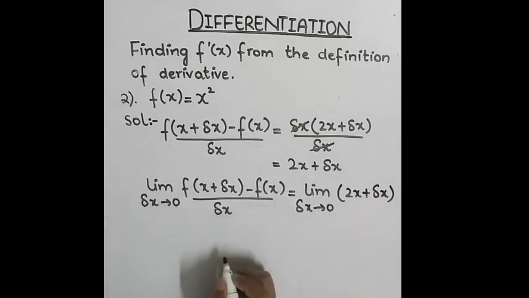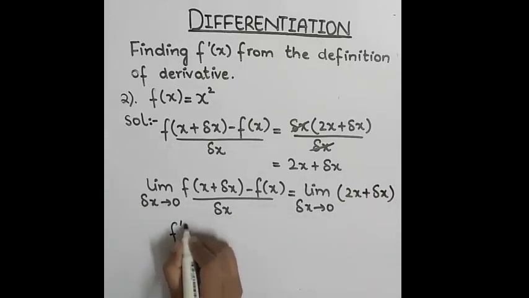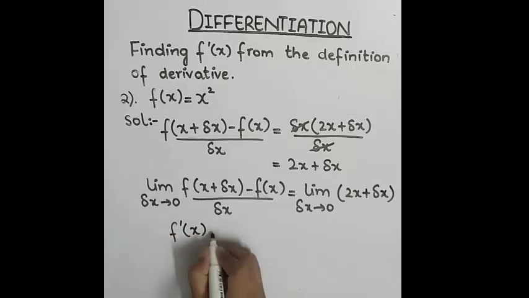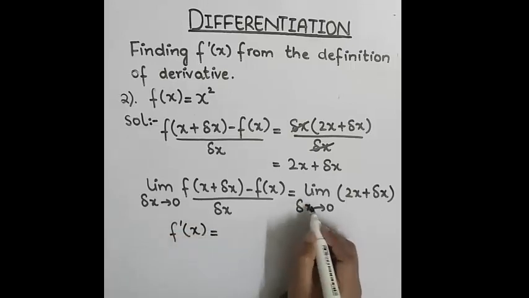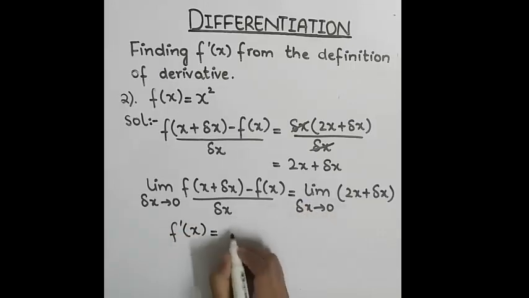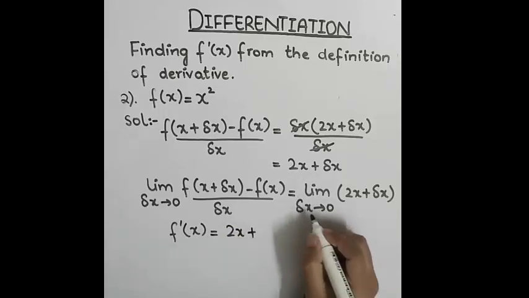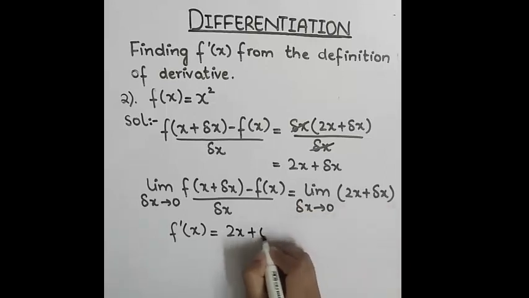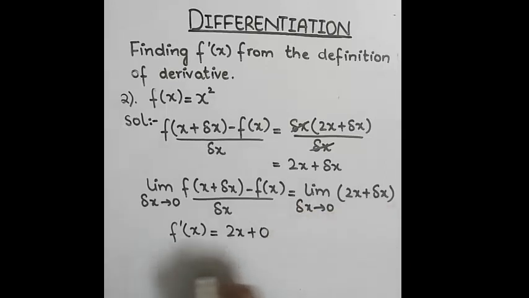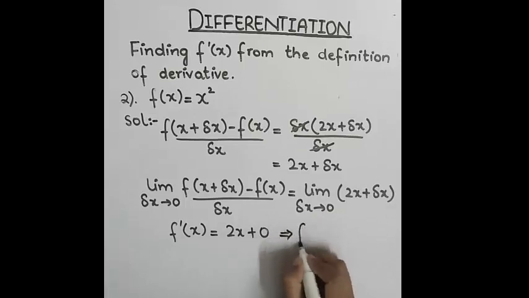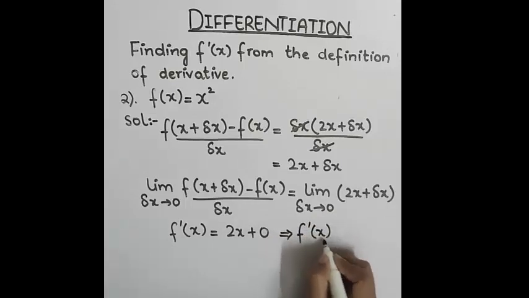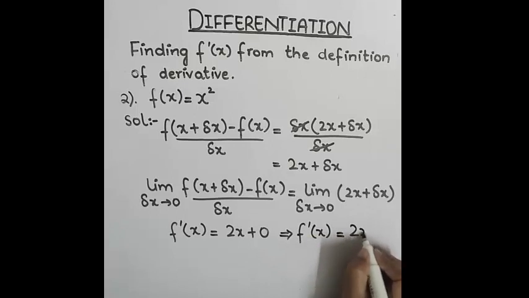Since this term can be written as f dash x equals limit delta x approaches 0, so 2x plus delta x. When we apply the limit, delta x is equal to 0. We put 0 instead of delta x, which implies f dash x is equal to 2x.